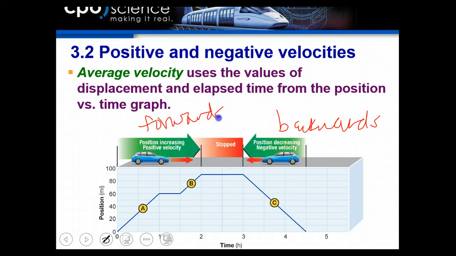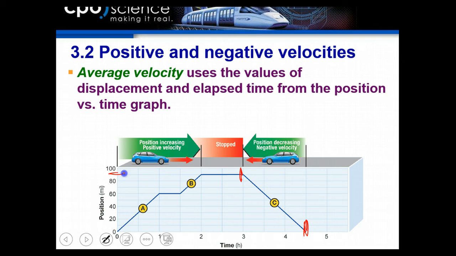Okay, so now we can calculate the average velocity at segment C here. So we want to take the distance that was traveled, so that's 90 to 0, right? So that's 90 miles.